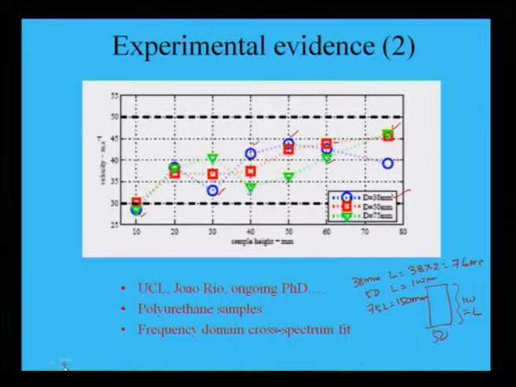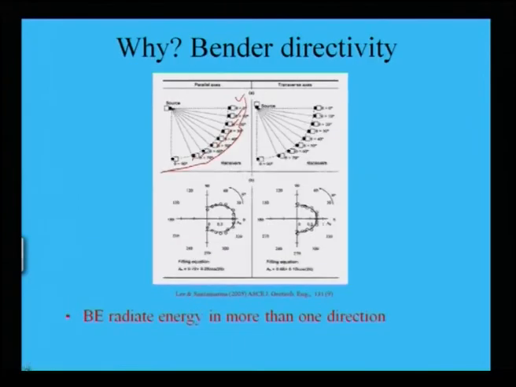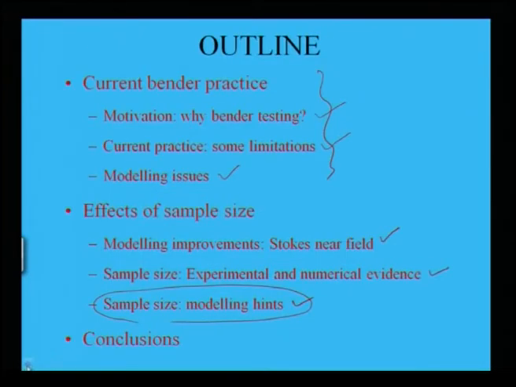So, these are all parameters, and the outline we have finished. What is the Bender element we discussed, what is the motivation, why the Bender element has been used in the laboratory, what is its current practice, and what are the limitations. Of course, there are certain limitations.